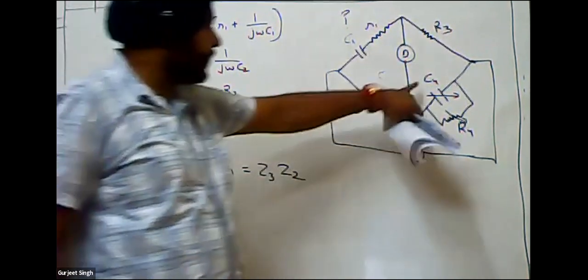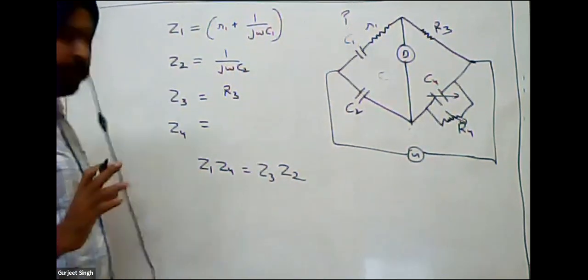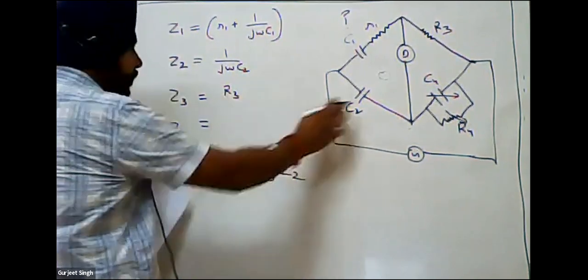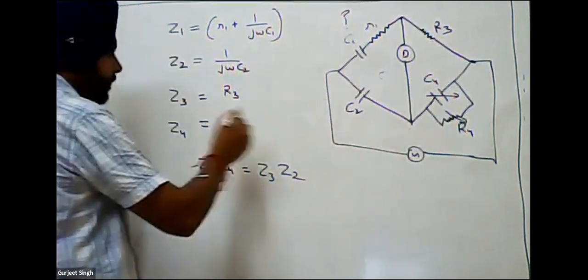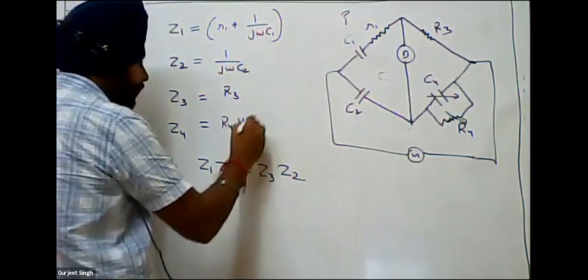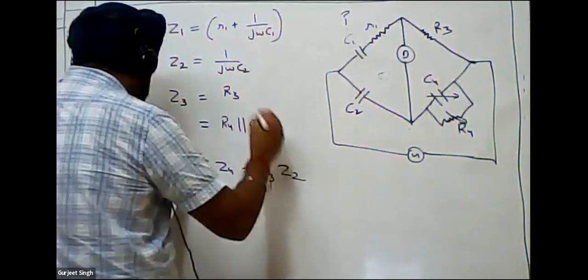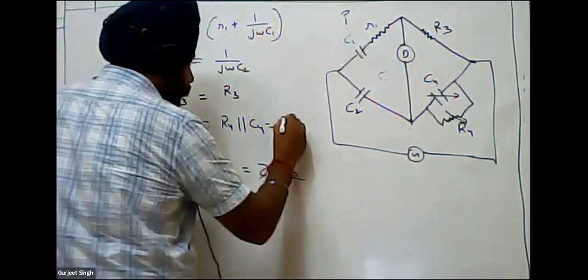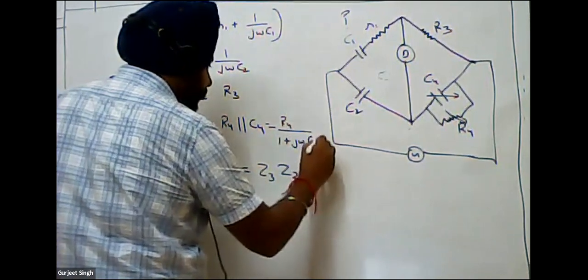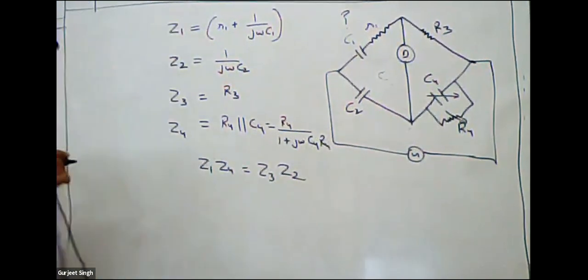Similarly, Z4 is the capacitor C4 and the resistance R4 in parallel, so we write its impedance as R4 upon 1 plus j omega C4 R4. This is the impedance of Z4.